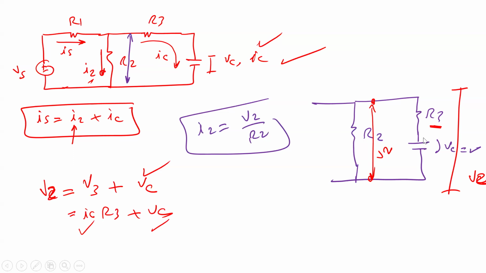I already know the voltage drop here and I know the current. Is it easy to calculate the voltage drop here? Yes, it is IC times R3 plus VC. And this will be an equation in time, e to the power of something. Once I know the voltage drop here, I divide it by R2, and this will give you the current I2.